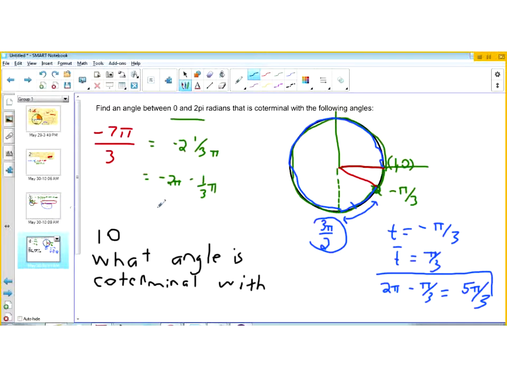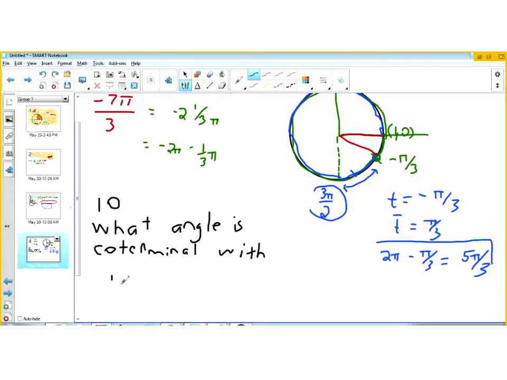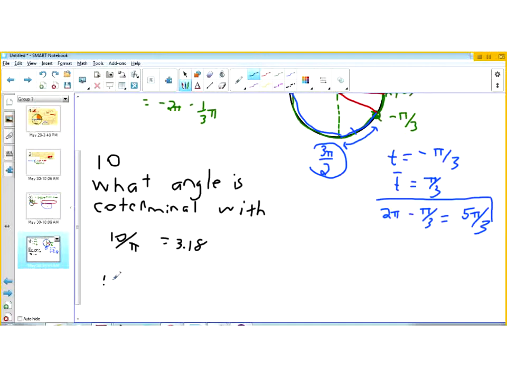perhaps, let's see, so we can divide 10 by pi. So I'll need my calculator. Pull up the calculator and divide 10 by pi, and I'll explain to you why I'm dividing 10 by pi. So 10 divided by pi is approximately 3.18.